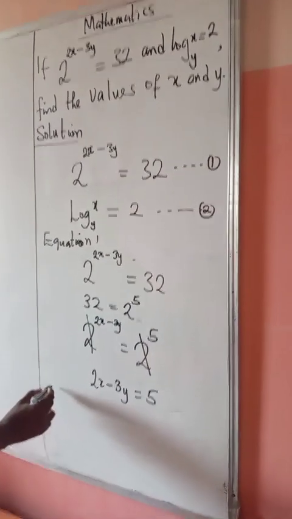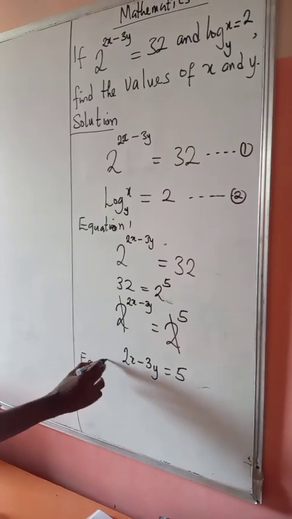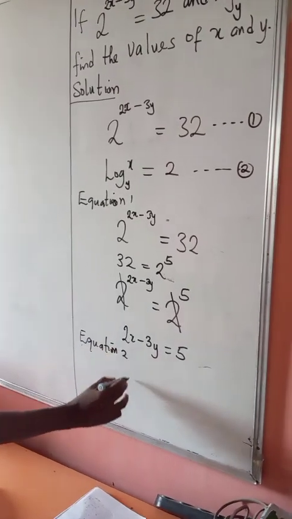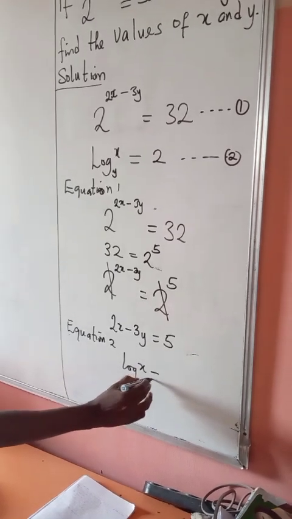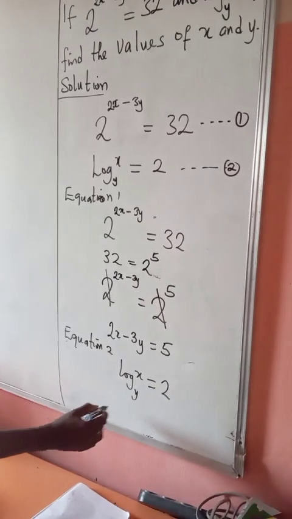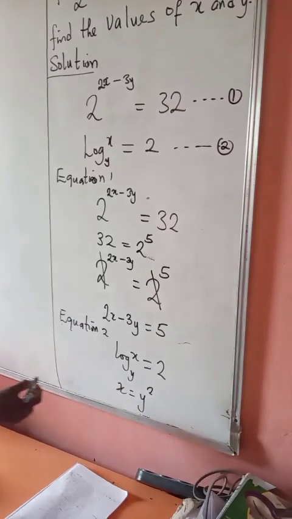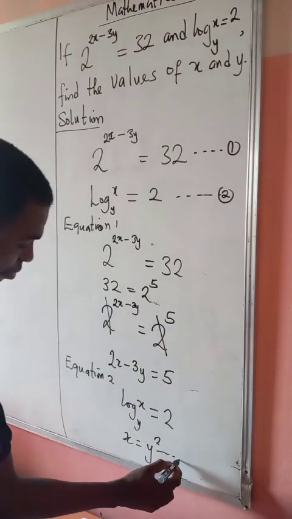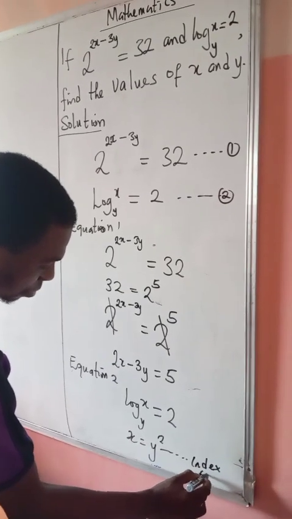Then on the other one, from equation 2, we have log x base y is equal to 2. So therefore x is equal to y square, converting it to index form.